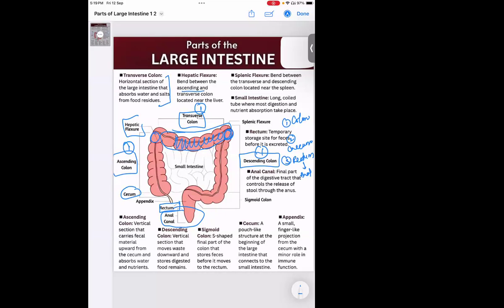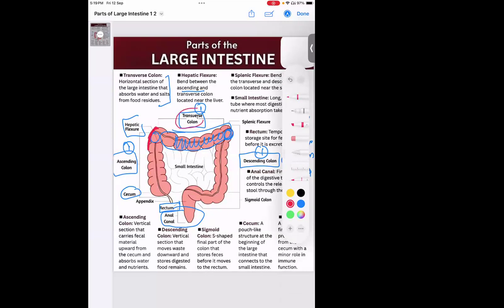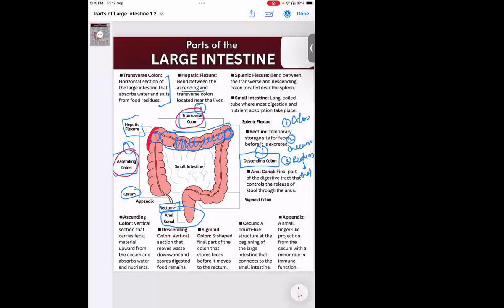I'll just mark it with red. This bend is present between the transverse colon and the ascending colon. Same way, the splenic flexure is a bend between the transverse and which colon? The descending colon. This bend is present between the transverse and the descending colon.